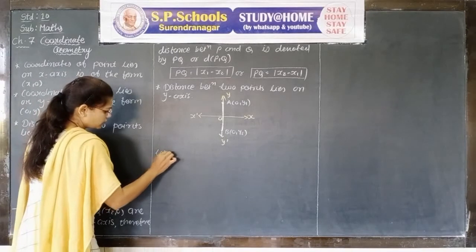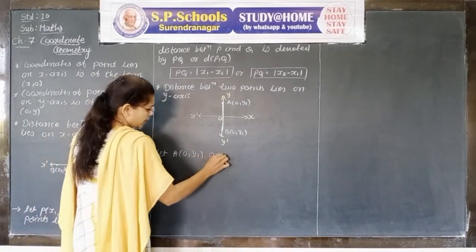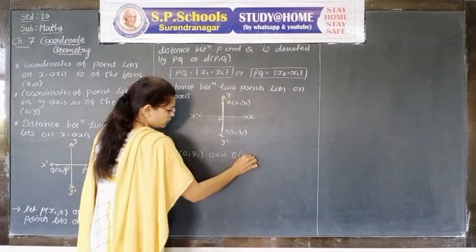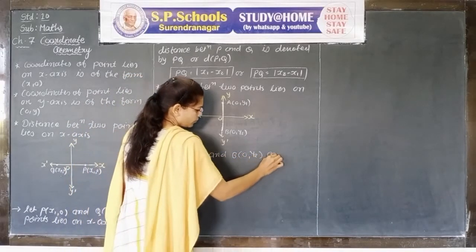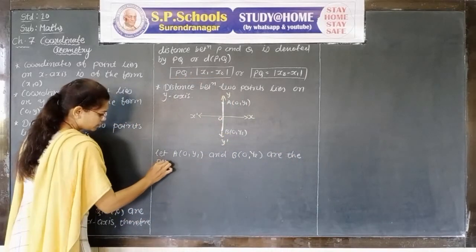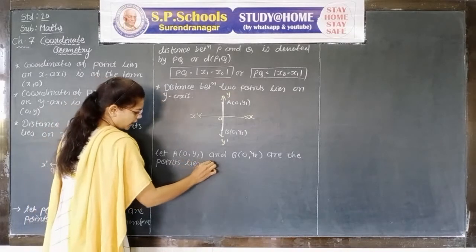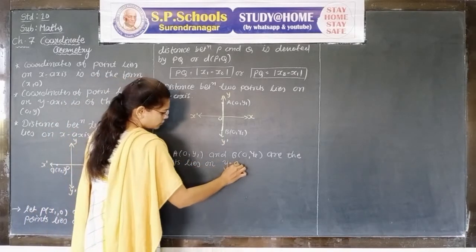Let A (0, y1) and B (0, y2) be the points lying on the y-axis.